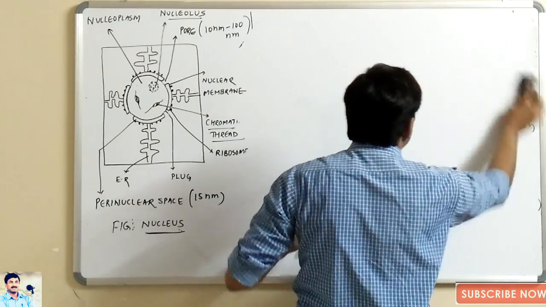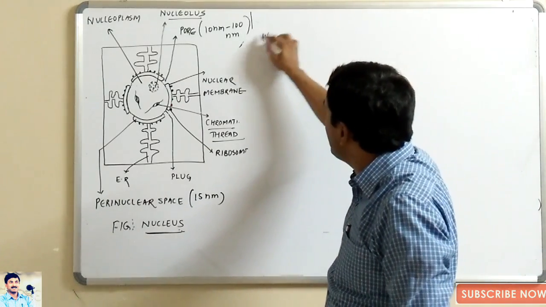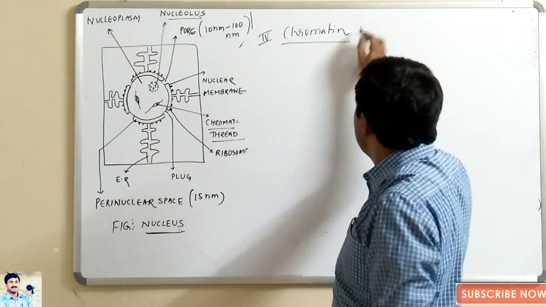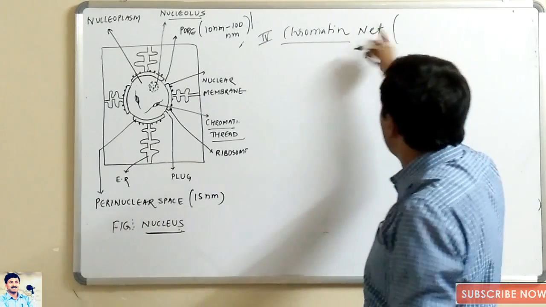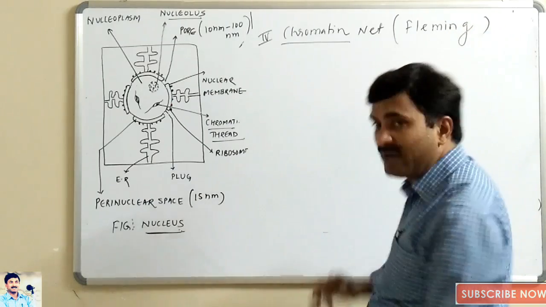The fourth part is also present in the nucleoplasm only, and that is known as what? The chromatin net. This term chromatin net was given by Fleming, right?